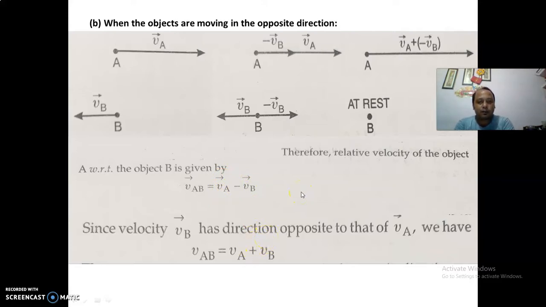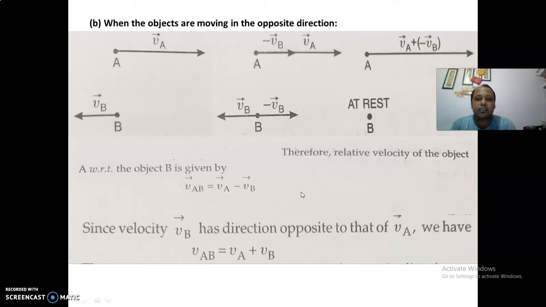When the vehicles are moving in the opposite direction, for example, their relative velocity appears to increase from their actual velocity. As you see, when you are moving in a car and another car crosses you, whatever may be its actual velocity, it appears to be more than that velocity.